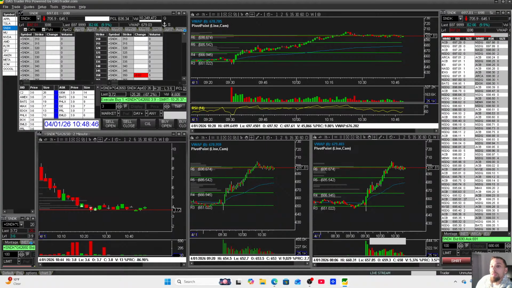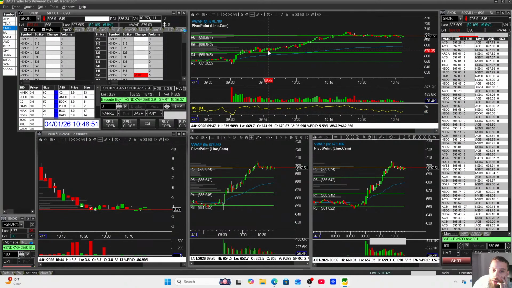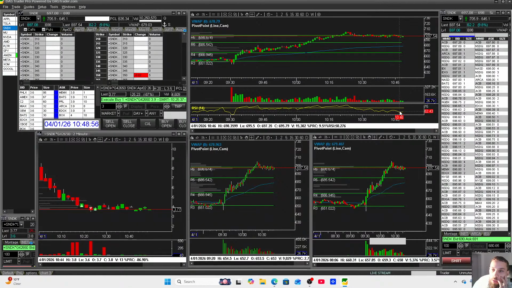Because it's definitely not considered overbought, right? Like, look here, RSI. We've been just grinding our way up. Still not. It's not considered overbought.